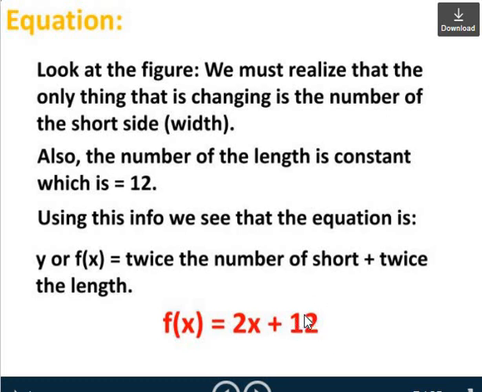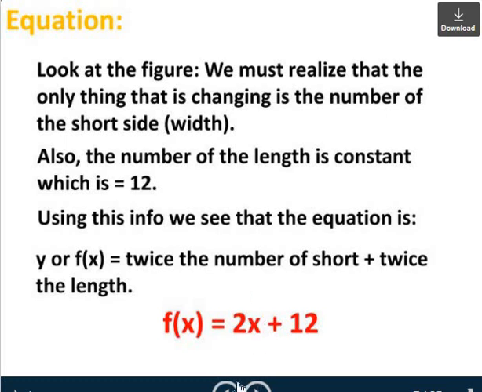I'm looking for the perimeter again, and as I told you, a perimeter is the sum of the lengths of all the sides of the rectangle. Now, the length of the long side is constant. It's fixed, it's not changing, which is 12. This is why I put it as a number, as a constant.